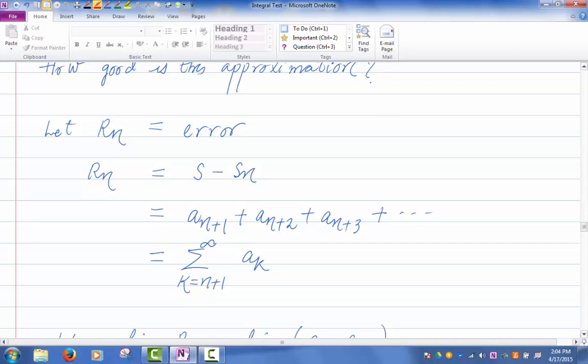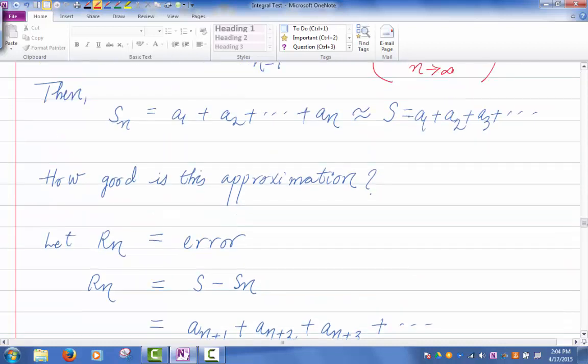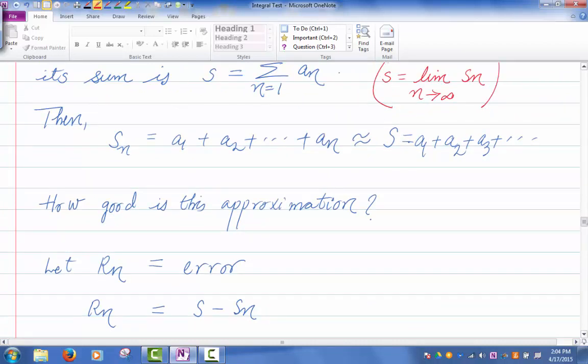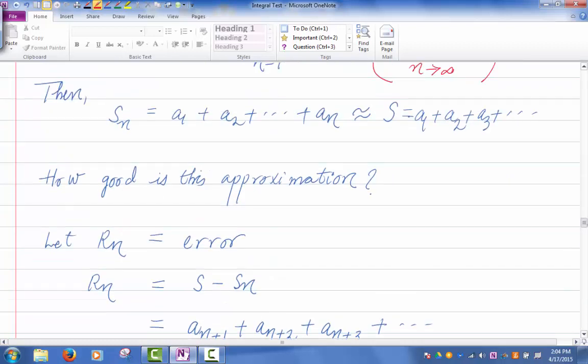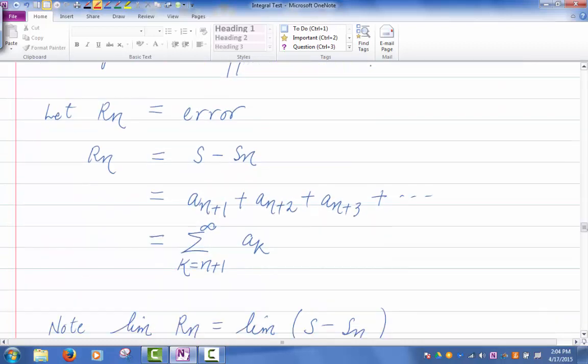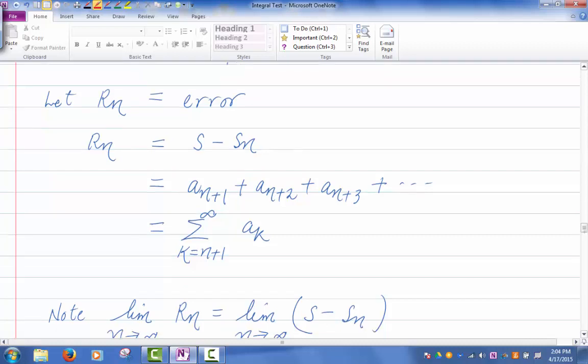Now remember what s is. S is the entire series, a1, a2, a3, dot, dot, dot. And what is Sn? Sn is the sum a1 plus a2 up to an. So when you take the difference, what do you get? You get the remaining terms. So Sn is the first n terms, and s is the entire series.